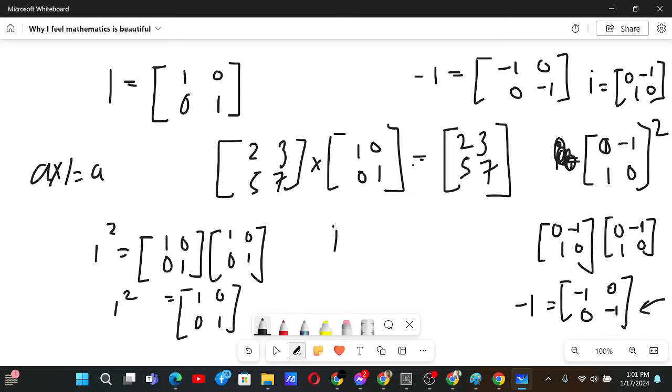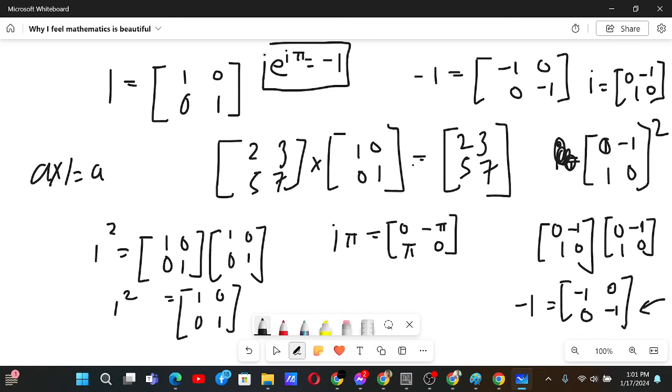Now if I try to find out I times pi, that will just be 0, minus pi, pi, 0. Now in numbers, e to the power I pi is just minus 1. Now because we are making similar definitions for matrices, e to the power I pi should be minus 1.